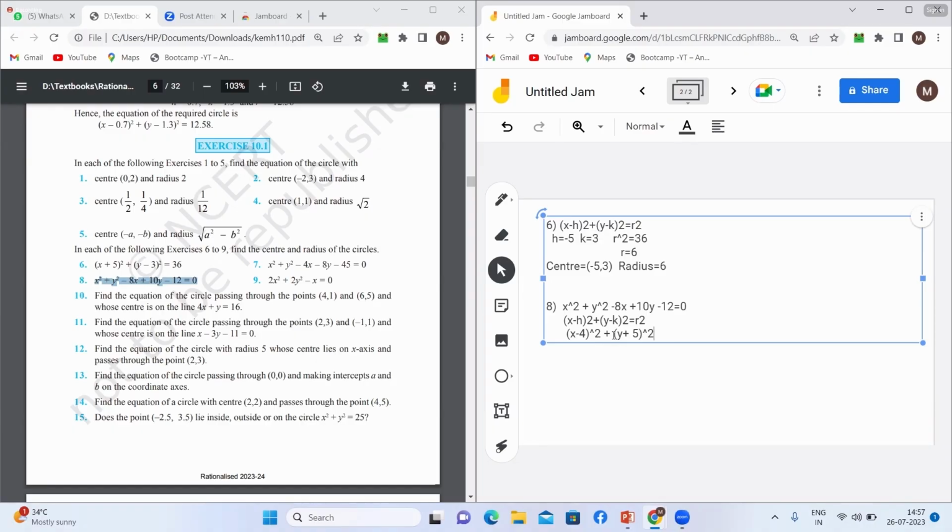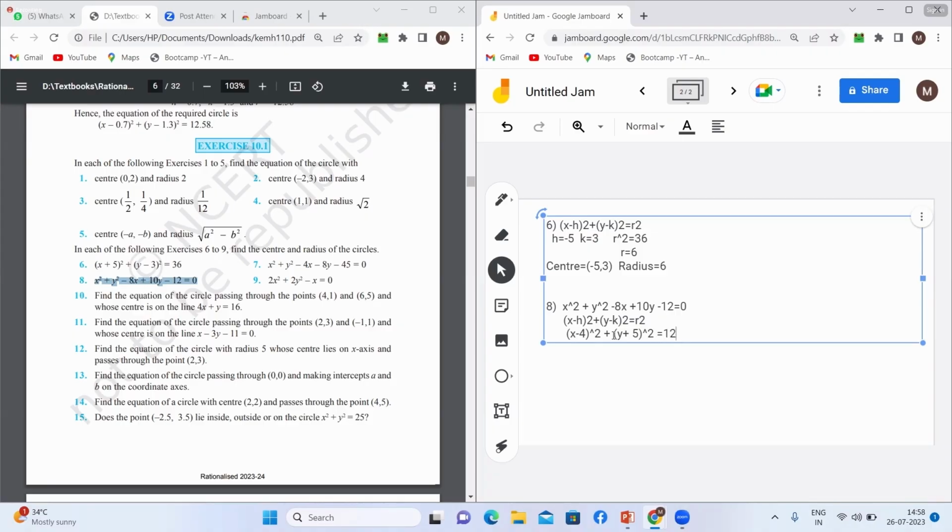So what we have to do, we have plus 9, and we want minus 12. Okay. So I think 12 will go that side, and it will be equal to 12.